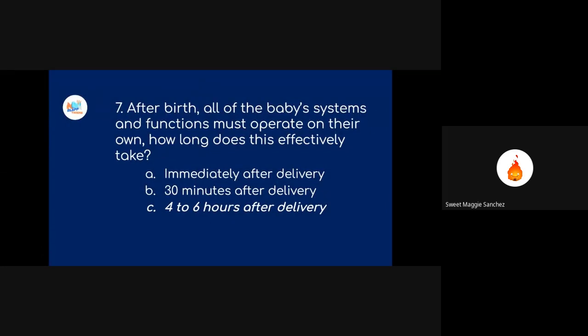Question 7. After birth, all of the baby's systems and functions must operate on their own. How long does this effectively take?